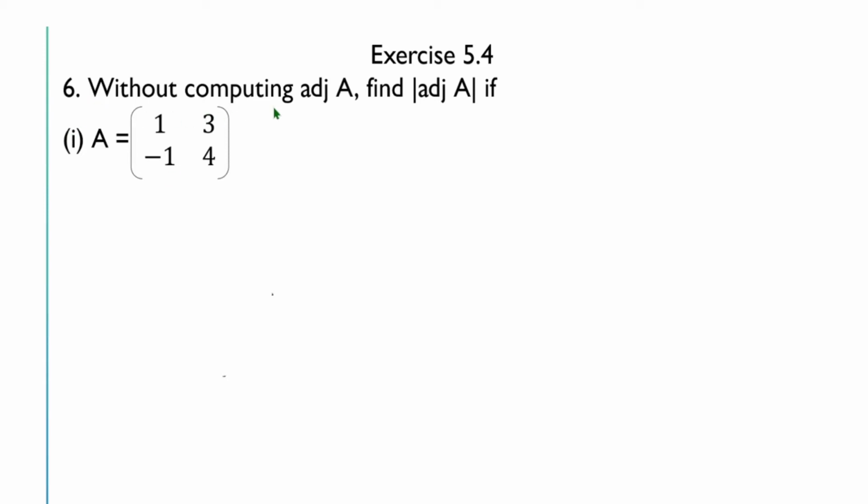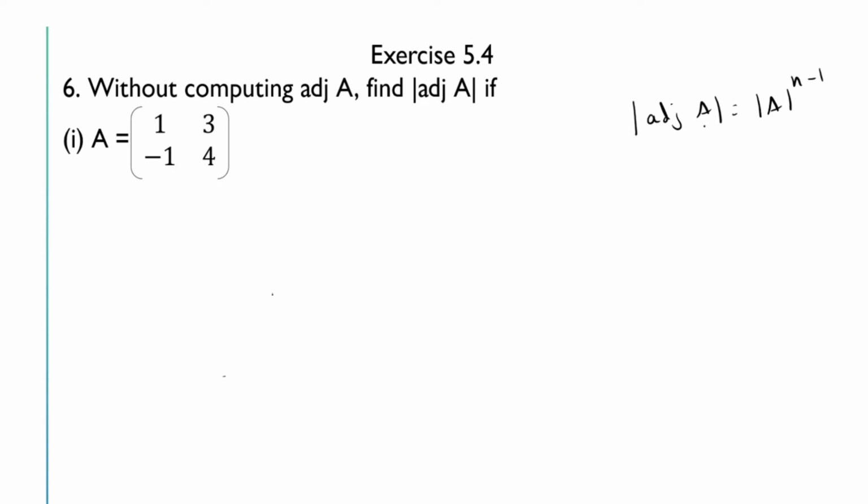Without computing adjoint of A, find determinant of adjoint of A if A is equal to the 2 by 2 matrix 1, 3, minus 1, 4. If A is a square matrix of order n, then the determinant of adjoint of A is determinant of A the whole raised to n minus 1.